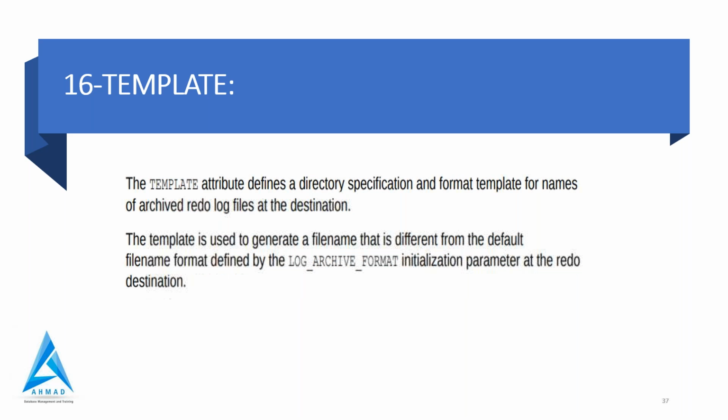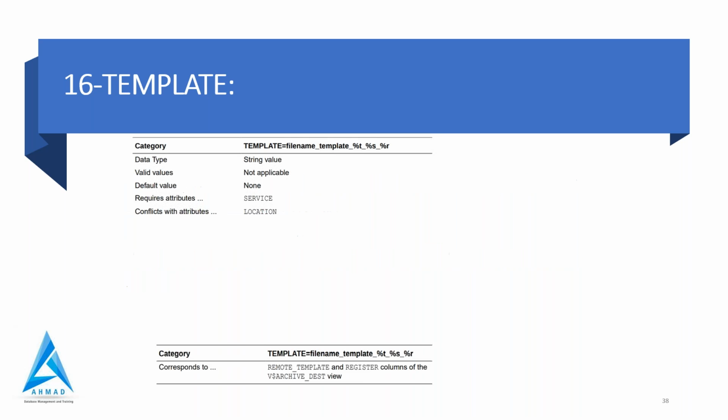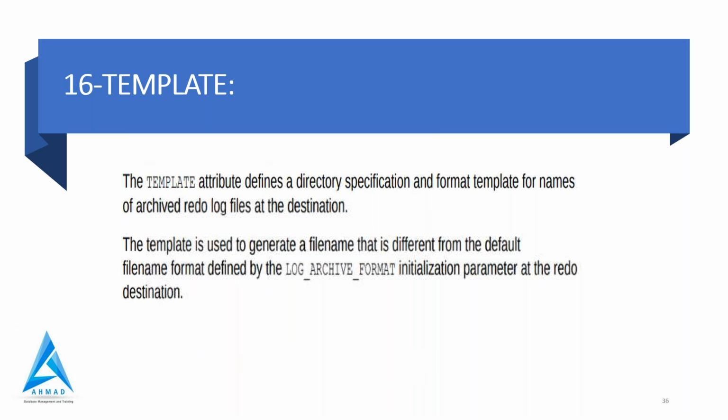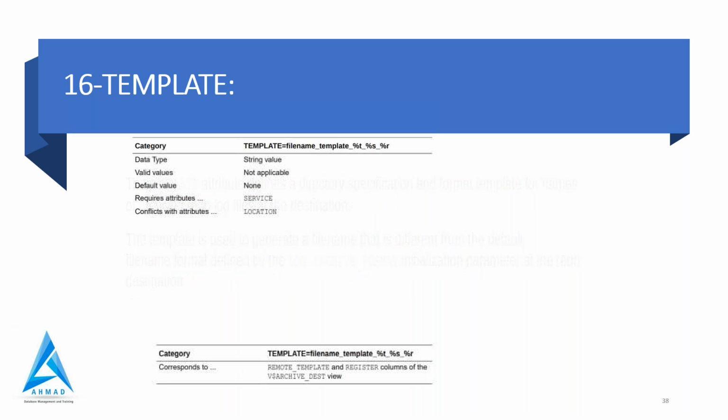So if you want to change it, you set template equals file_name_template_%t_%s_%r. And remote_template is the column in v$archive_dest.